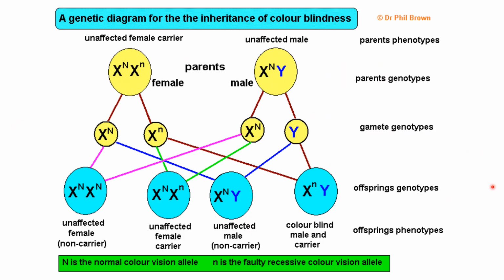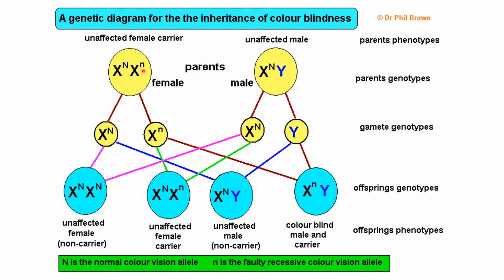Here is a diagram that explains all of this. So we have a female parent here, the mother, with the dominant allele and the recessive allele. And remember, it is the recessive allele that is the faulty color vision allele.